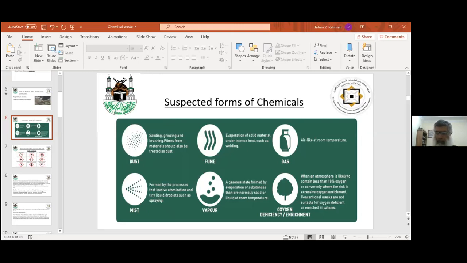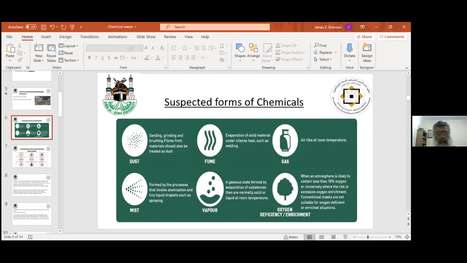The last thing, oxygen deficiency and enrichment. This is very important to know, because if we are working in an environment where oxygen is less, we have to take care of our oxygen level.